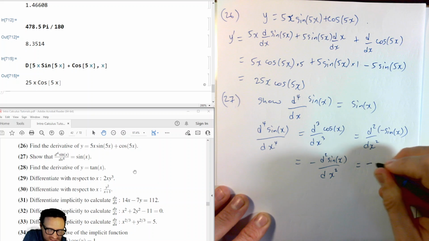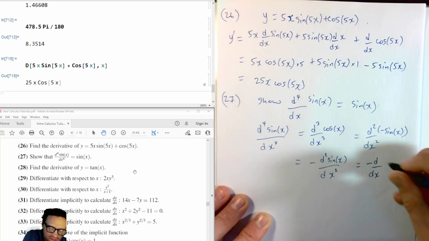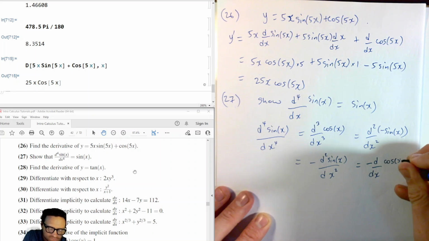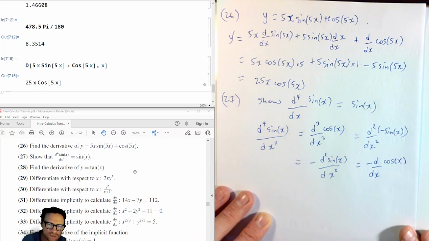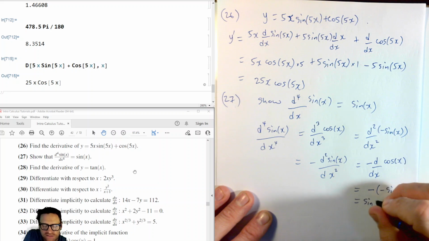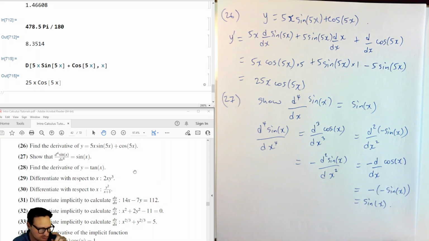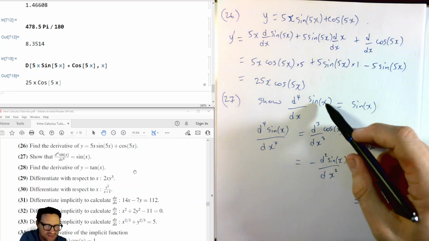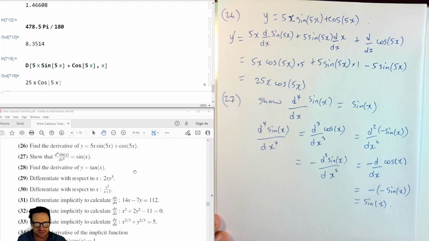And so this is minus the first derivative of the derivative of sine, which is cos of x. And then the derivative of cos of x is minus sine of x. So we have minus minus sine of x, which is sine of x. Okay, so that's done. Alternatively, you could just differentiate this 4 times and list out what your derivatives are. That's probably conceptually easier from your point of view, and show that you get sine of x.